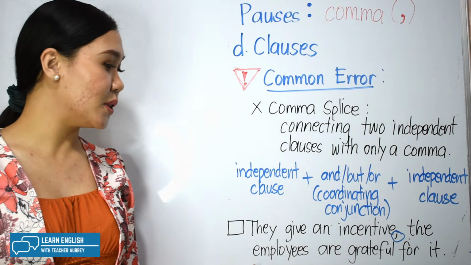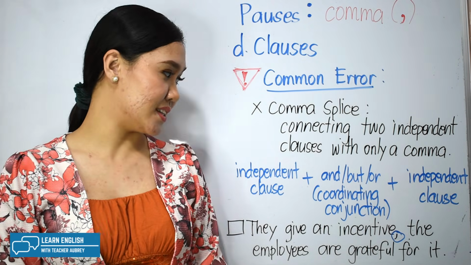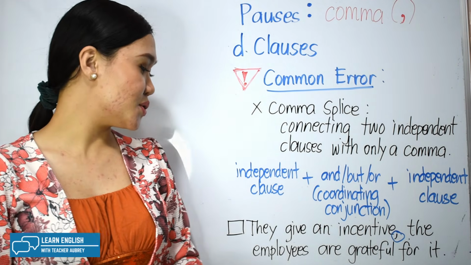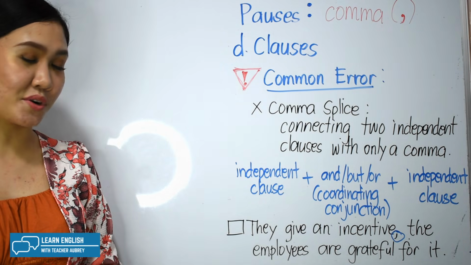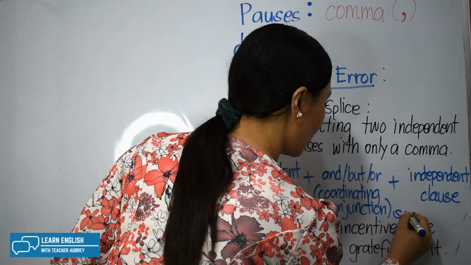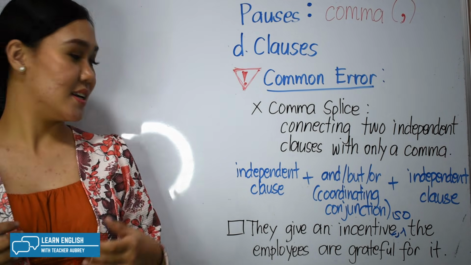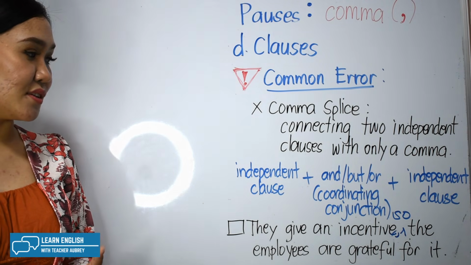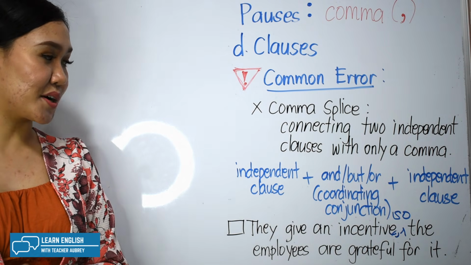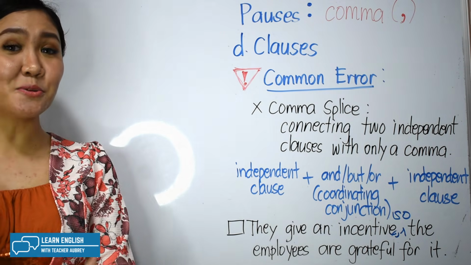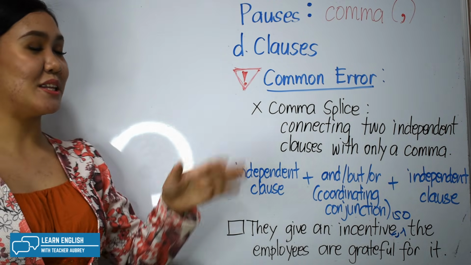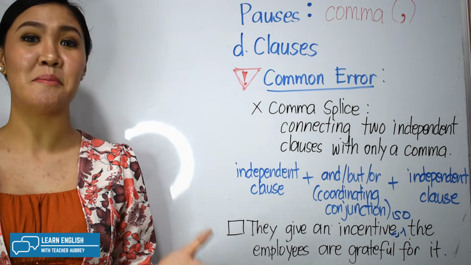They give an incentive, so the employees are grateful for it. May comma pa rin, pero may so. Sa ganung paraan, maitatama natin yung karaniwang pagkakamali na tinatawag nating comma splice.